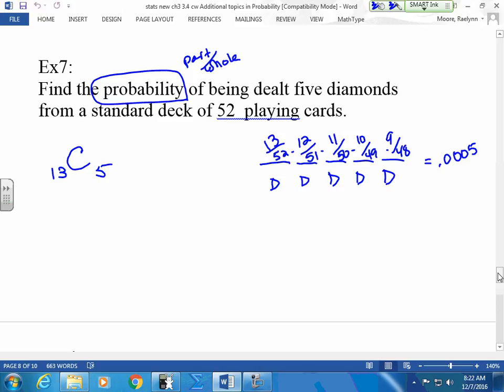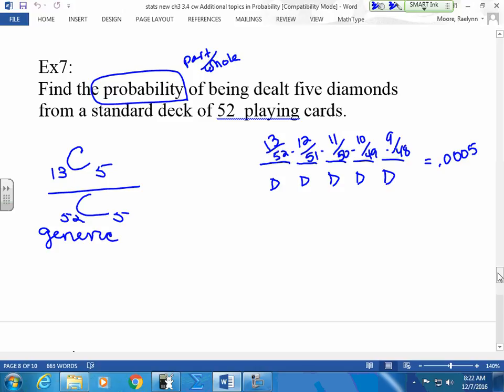Does it matter what order I hold those diamonds in? Unless I want a straight flush, but all I want is 5 diamonds. Out of, probability is part over whole. We call this denominator the generic denominator. I don't care about my diamonds. How many cards do I have in my whole deck? 52. So what is the probability of dealing me 5 cards out of 52 that 5 of them are diamonds?